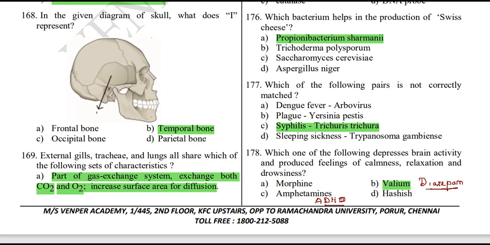Many kids used to have this problem. They would not be very active, but they would not be listening to you or paying any kind of attention. That kind of people we used to give amphetamines. And hashish is actually used as a hallucinogen. Yes, so the answer is very simple, which is option B.